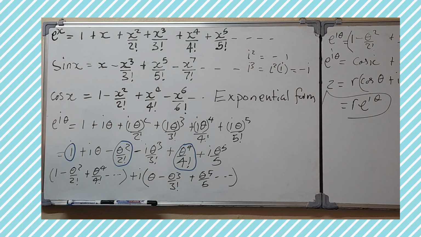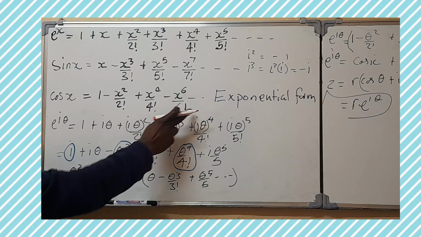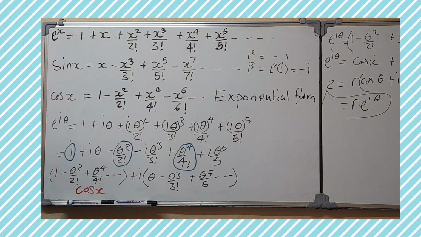So this really boils down to the expansion of cos of x. So we can write this as just cos of x. Remember, cosine of x is this when it's expanded. So this represents cosine of x.